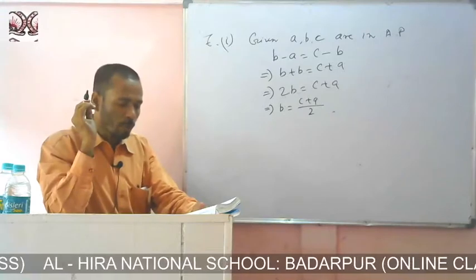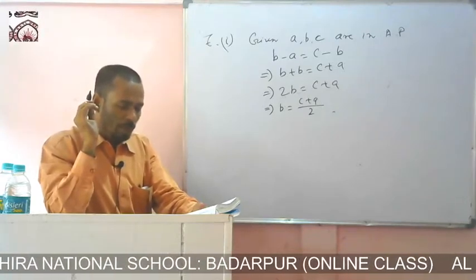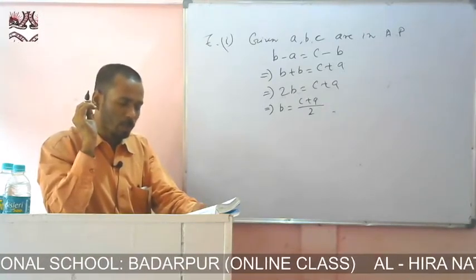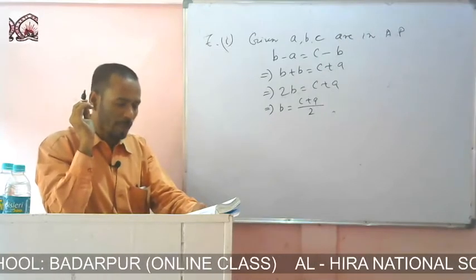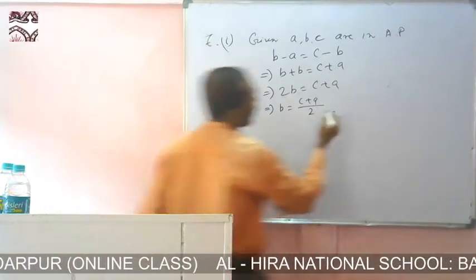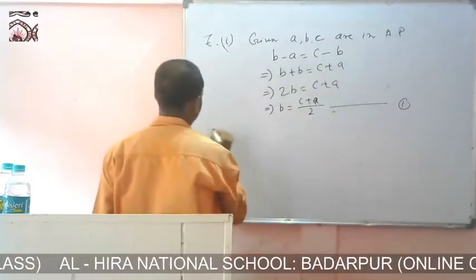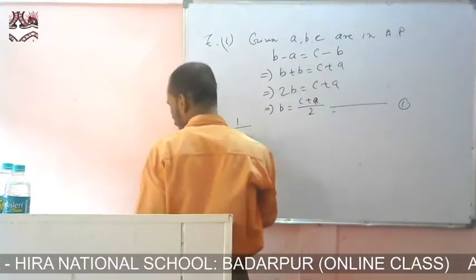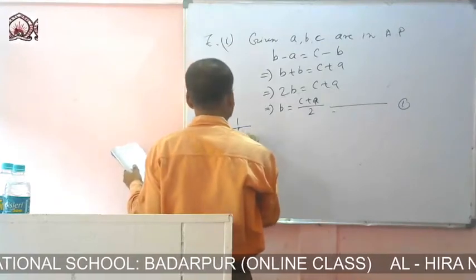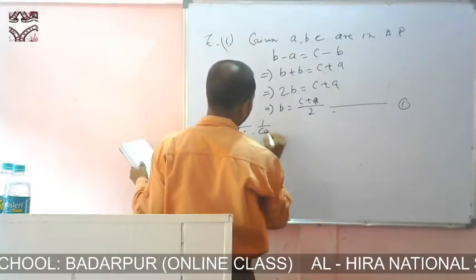Now we have to prove that 1 by BC, 1 by CA and 1 by AB are also in AP. If they are in AP, the middle term is 1 by CA.